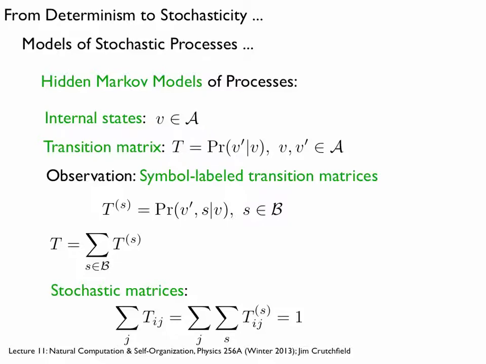Now we have the observation process. The way we're going to represent this is we take the state-to-state distribution matrix and split it into those transitions that emit this or that symbol, that generate an A or a B, say. So instead of one-step state-to-state conditional distributions, given that I'm starting in state V, there's going to be some distribution over what state I go to and then what symbol I'm going to emit or see.